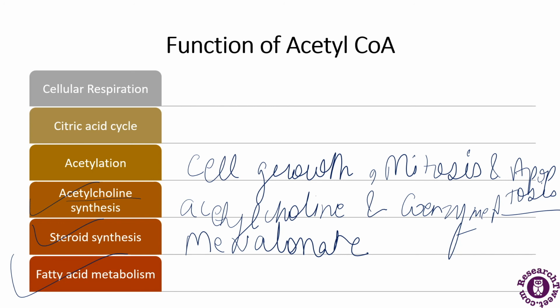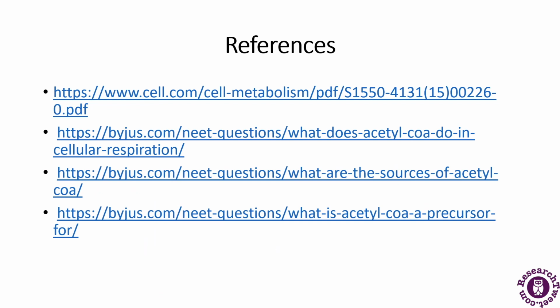The breakdown of carbohydrates by glycolysis and lipids by beta oxidation produces acetyl coenzyme A, which enters the citric acid cycle in the mitochondrion by combining with oxaloacetate to form citrate. This is a long process of fatty acid metabolism, but acetyl coenzyme A does play a role in fatty acid metabolism.